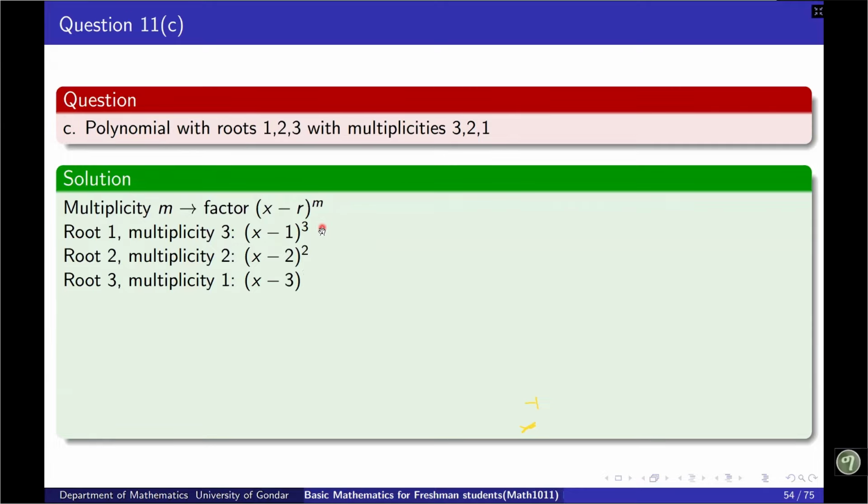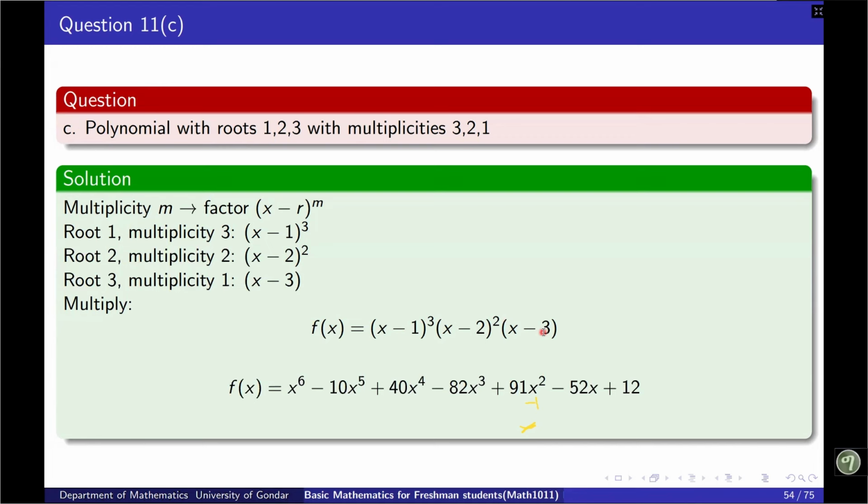And lastly, 3 is the root with multiplicity 1, so that x minus 3 is a factor of the polynomial function. Therefore, when we multiply all the factors, if f of x is the given polynomial, f of x is equal to x minus 1 to the power of 3 times x minus 2 to the power of 2 times x minus 3, which is equal to this polynomial function.